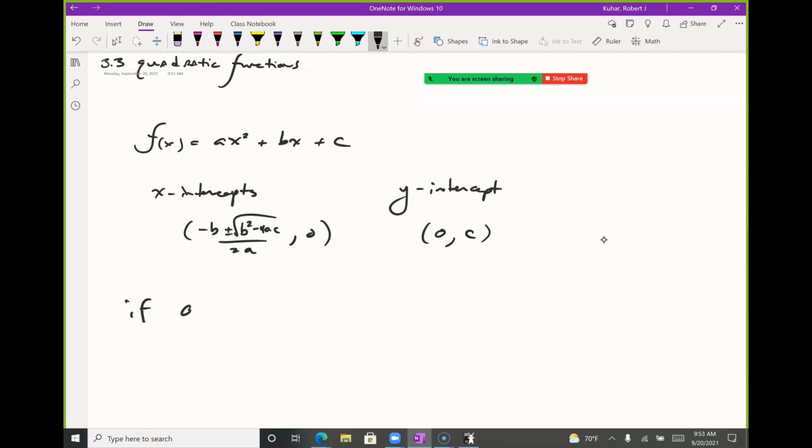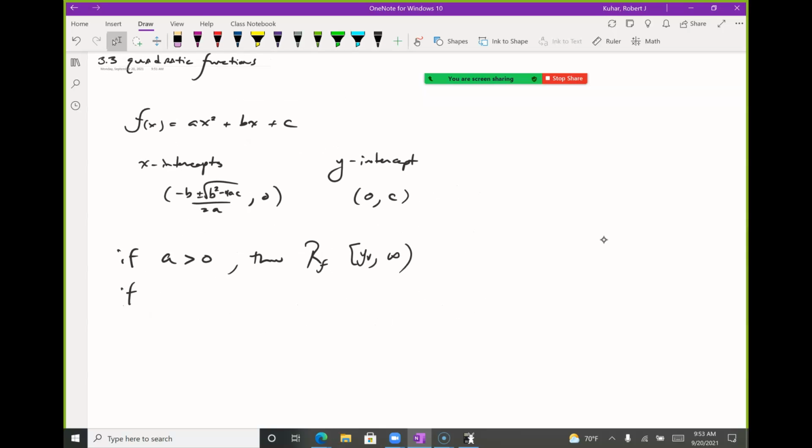If a is greater than 0, the range is going to come from y sub v to infinity.